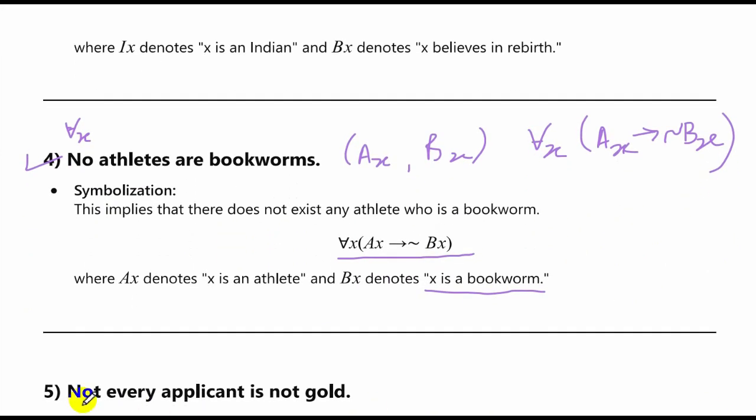Next question. Not every applicant is not gold. This is quite a complicated one. They will give us applicant Ax and Gx. Now they are saying not every applicant is not gold, which translates to what?